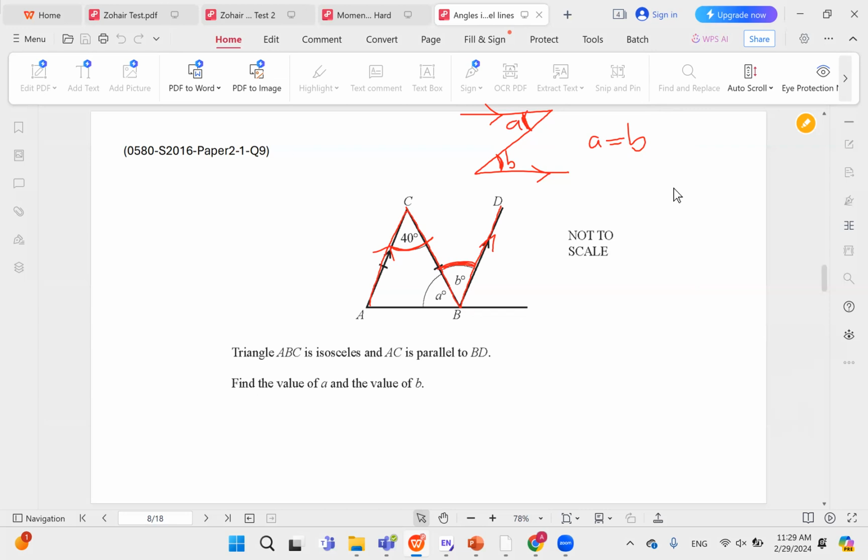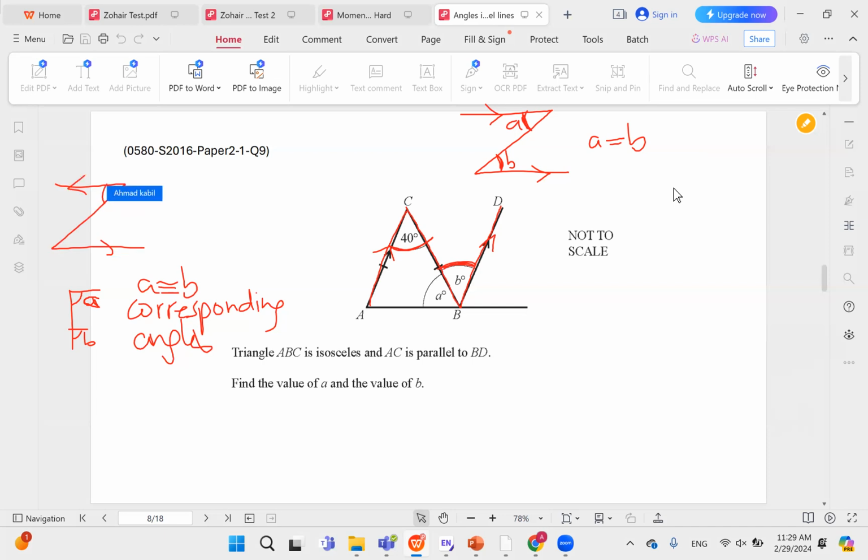So just to sum up the shapes that we have talked about so far, we have the letter F, this is A, this is B. These are called corresponding angles, and these are congruent to each other. So A is congruent to B, or A is equal to B. We also have the Z shape.